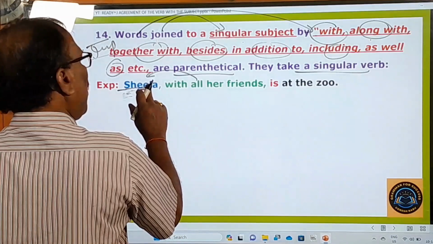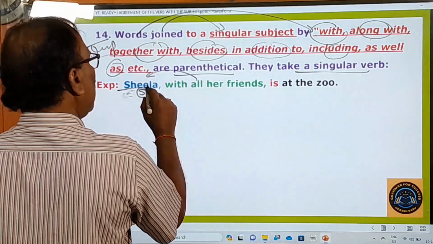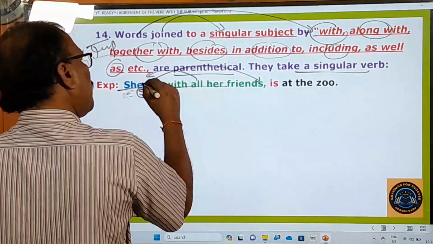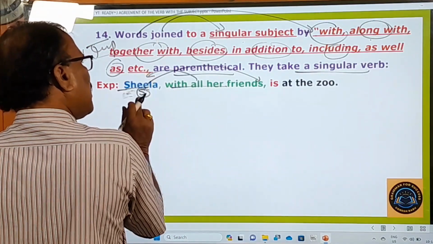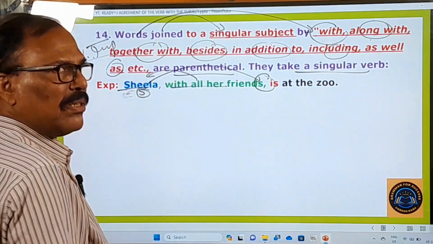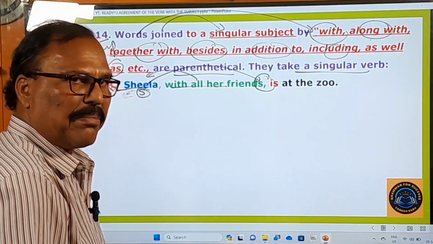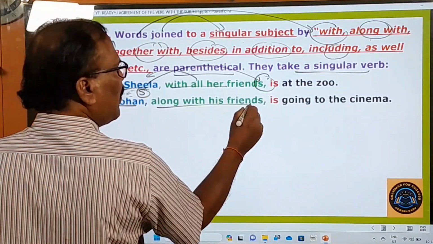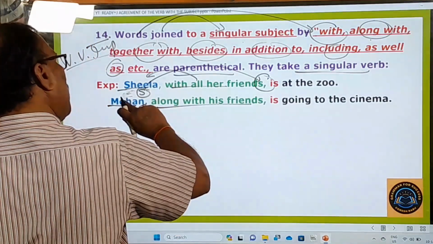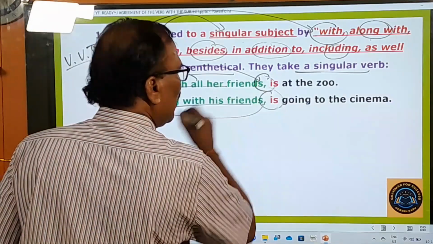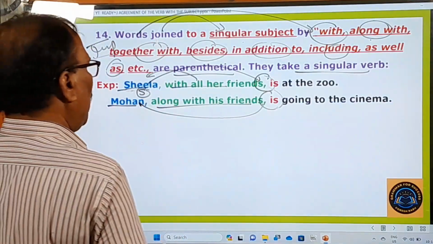Sheila with all her friends: these words are attached to Sheila, but Sheila is the singular subject. So according to the singular subject, we use only is, the singular verb, right? Mohan along with his friends: these are the words attached to this singular subject, so the singular verb: is going to the cinema.